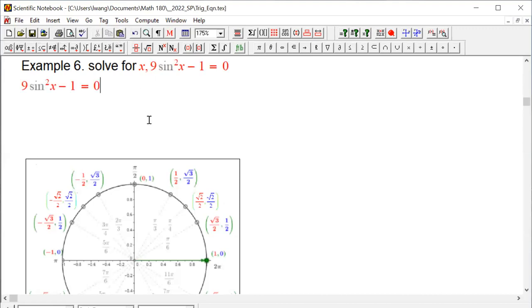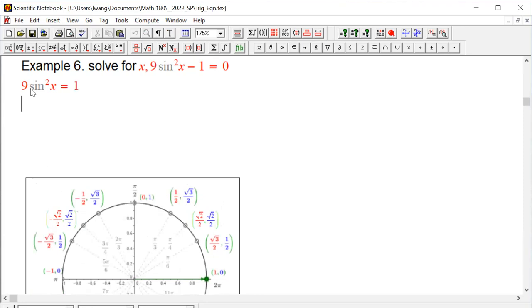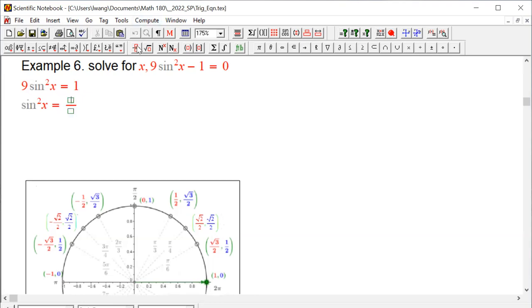So let's go through the algebraic steps. Right here we have 9 sine squared x minus 1. We're going to add 1 on both sides, so that makes it equal to 1. And for sine squared of x, if we divide both sides by 9, we get 1 over 9.